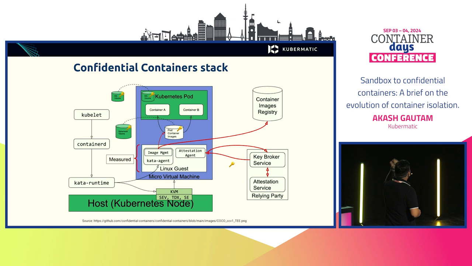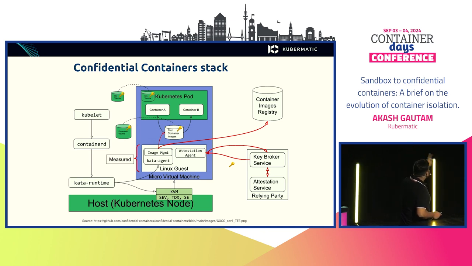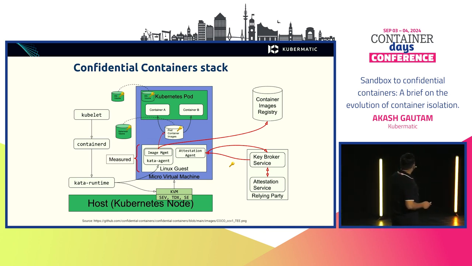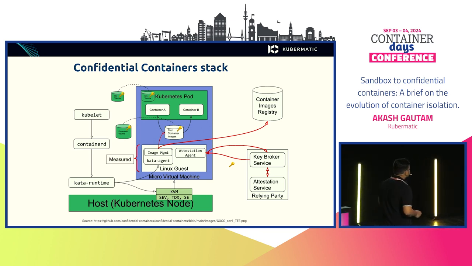And then there is an attestation agent which runs inside the confidential VM that is created. That attestation agent reaches out to the key broker service to get the keys for running the image. But while requesting the keys, the attestation agent also provides the cryptographic proof which shows the state of this confidential VM. And then the key broker service behind the scenes leverages an attestation service and performs the attestation to confirm that the confidential VM can be trusted.